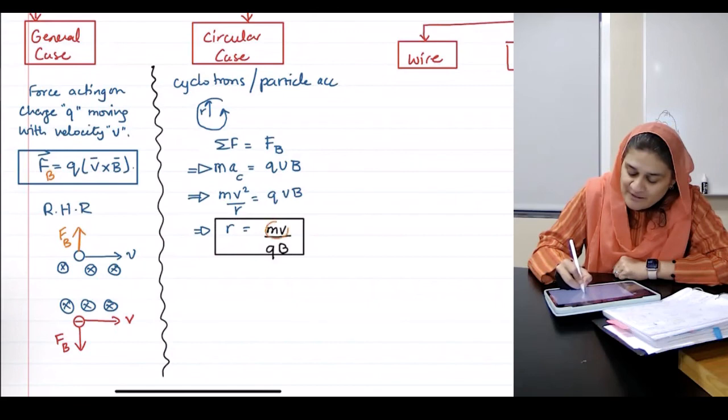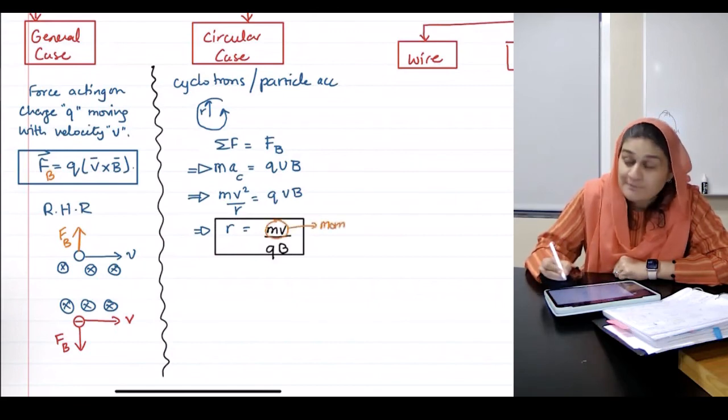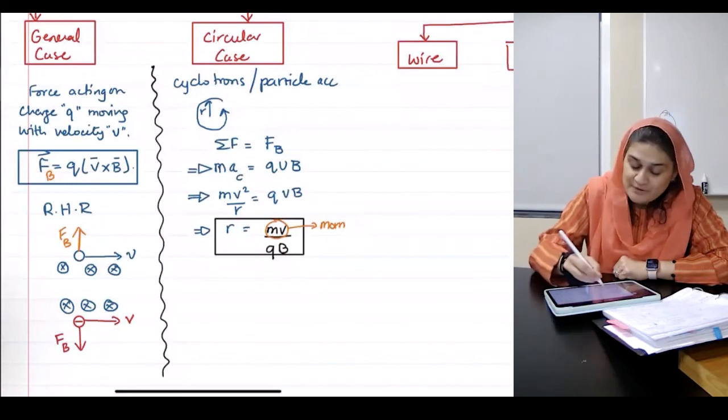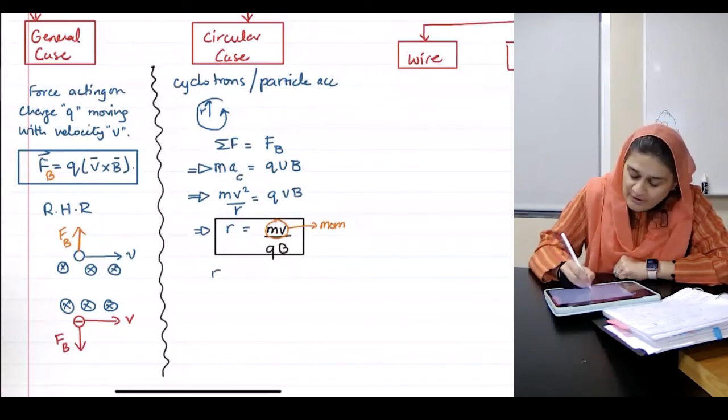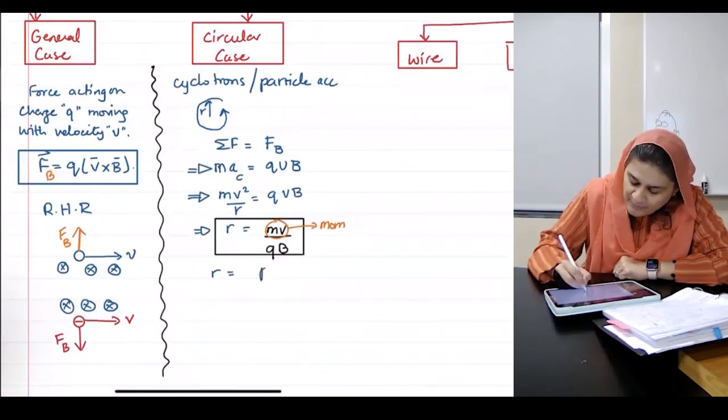What is MV? Momentum. So that means R can be written as momentum divided by QB. Put it in a box.